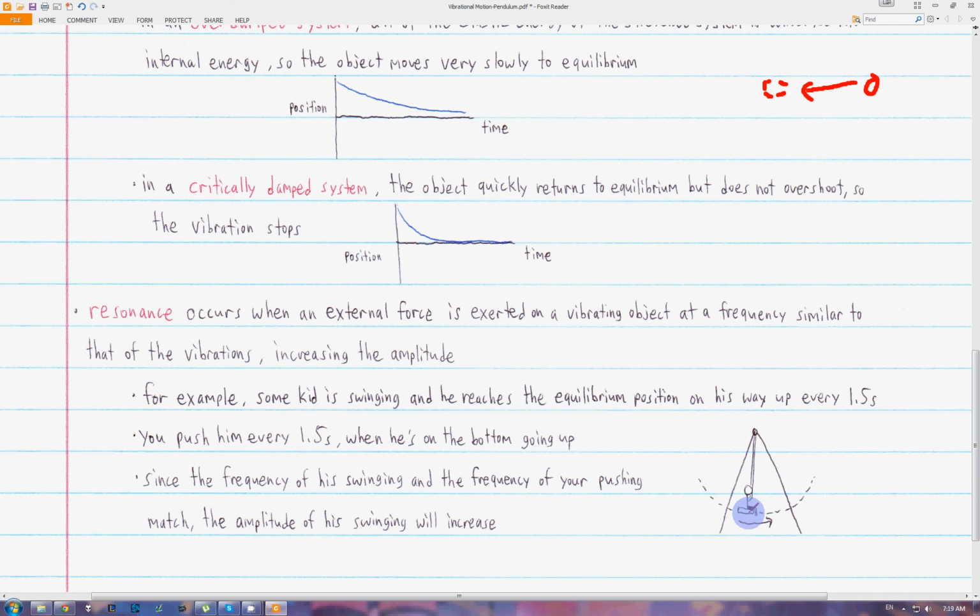So let's say you push him not randomly, but every 1.5 seconds, right when he's on this bottom position on the way up. When you do that, the frequency of your pushing and the frequency of his swinging are the same, so resonance occurs, and the amplitude of his swinging will increase.